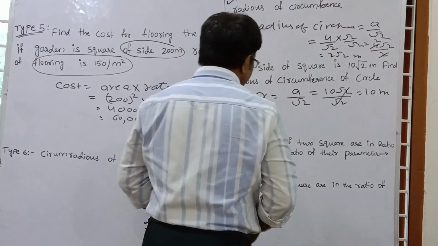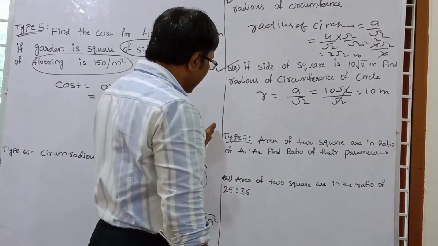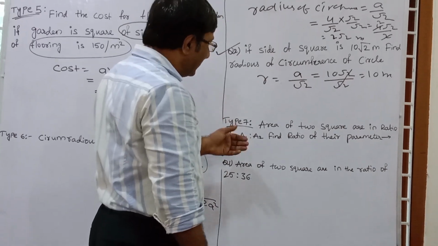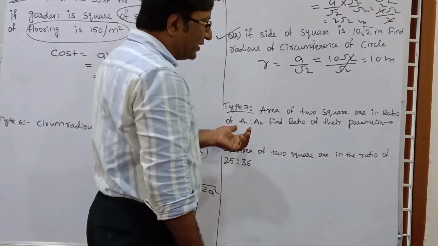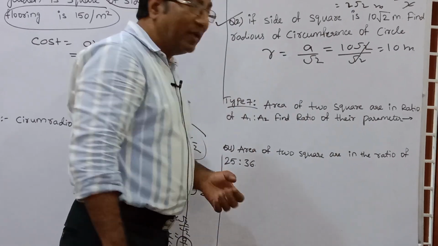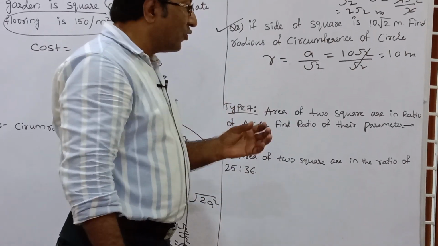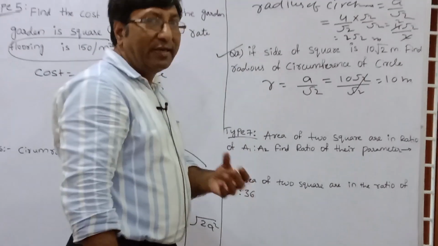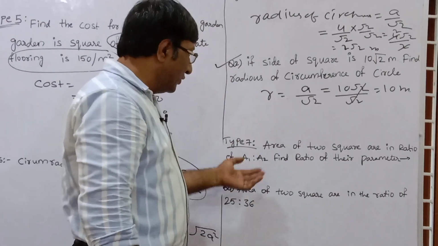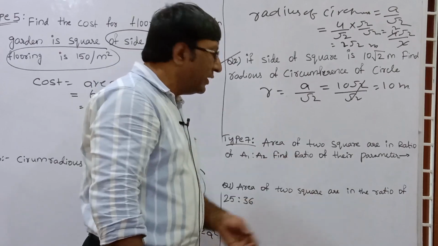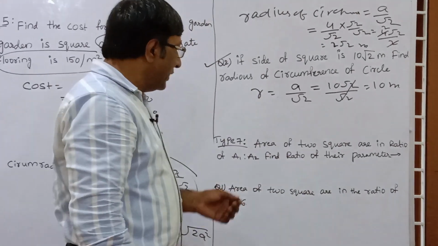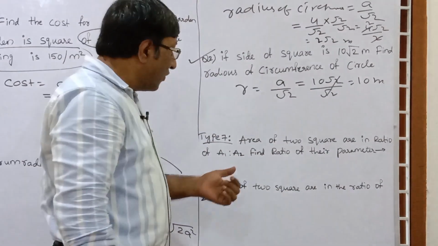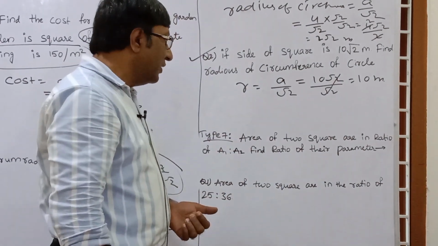In the same way, now there is a question type 7 and this is a very important question. This type of question is generally asked in a lot of different exams. So what is the question? The areas of 2 squares are given in the ratio A1 to A2, and you have to find the ratio of their perimeters. So if the ratio of areas is given, how can we find the ratio of their perimeters?